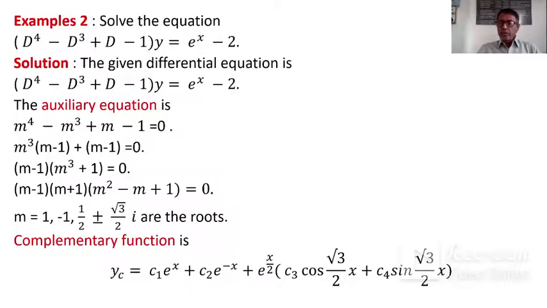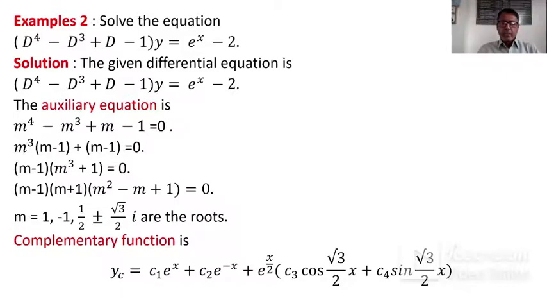Therefore, the general solution of the associated differential equation, or we call this general solution the complementary function of the given non-homogeneous differential equation, and we denote it by yc.